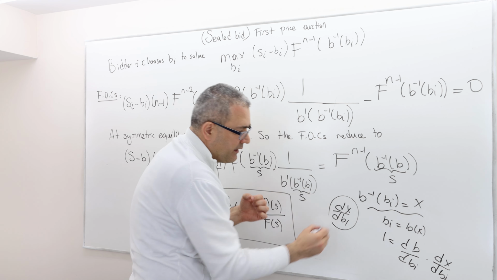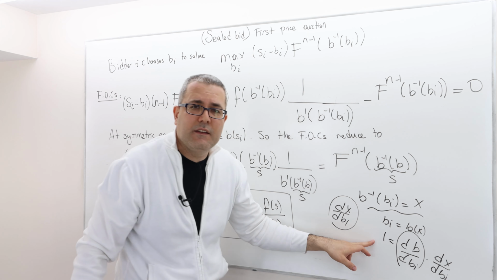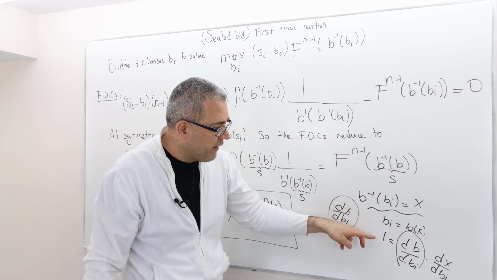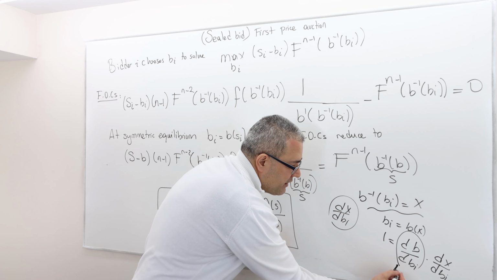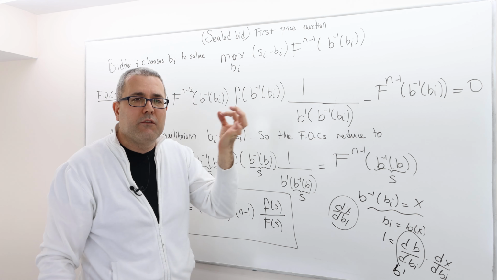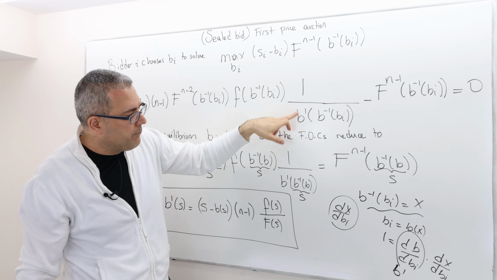Remember, we wanted to find dx/db_i, so just send this guy to the other side. Obviously, it's going to be 1 divided by db/dx. We just denote it by b prime. So 1 over b prime.